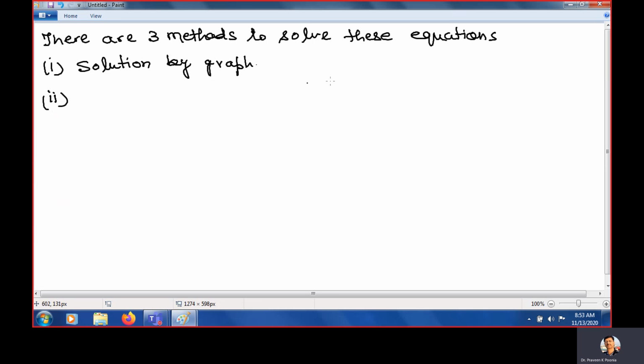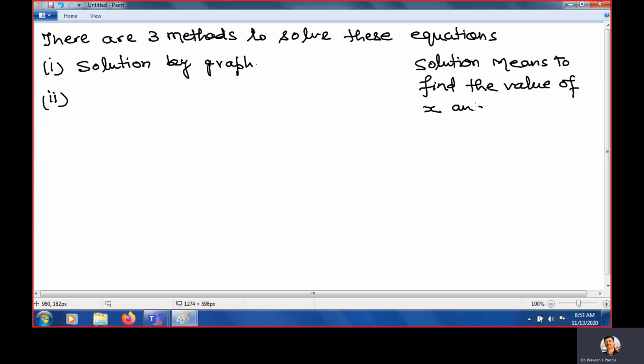Solution means to find the value of x and y. Clear? Solution means you need to find the value of x and y. So the first method is solution by graph.